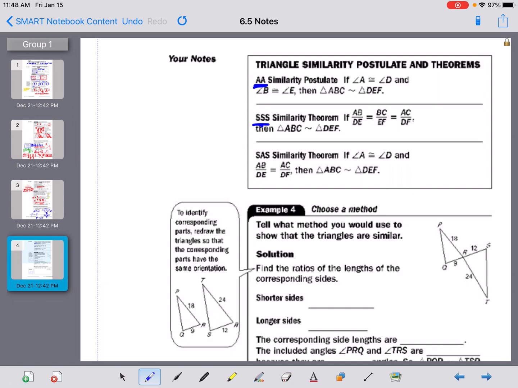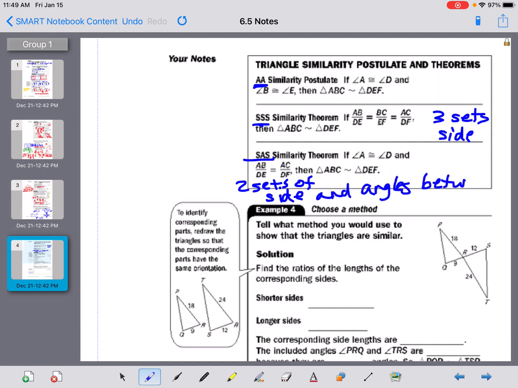That means that I need to prove 3 sets of sides, right, the exact same ratio. Or I can kind of mix them, and I can have side-angle-side, where I have 2 sets of sides, proportional or in the same ratio, and the angles between them, okay? So those are my 3 ways.